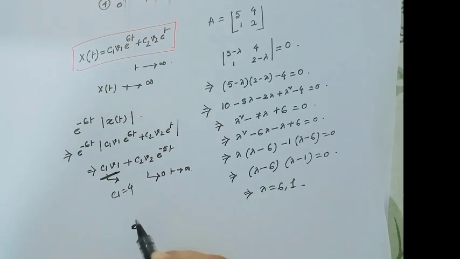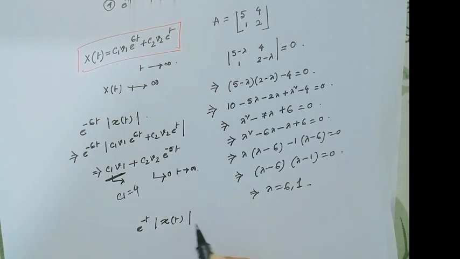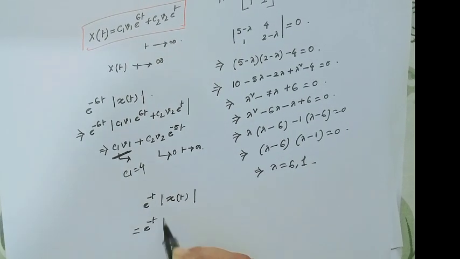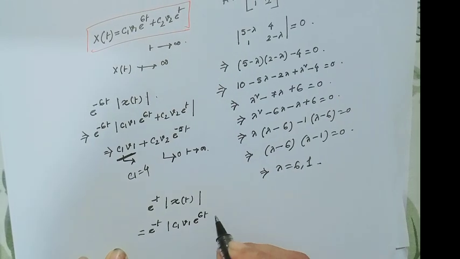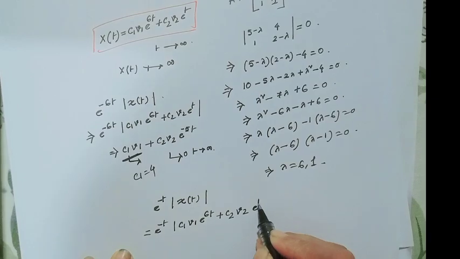Option 3: e to the power minus t times mod x(t), which equals e to the power minus t times (c1 v1 e to the power 6t plus c2 v2 e to the power t).